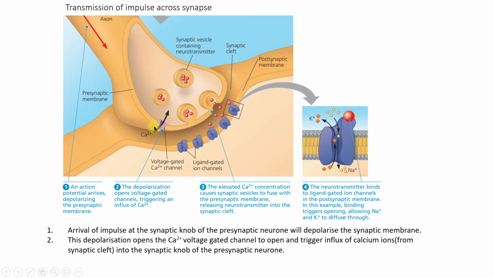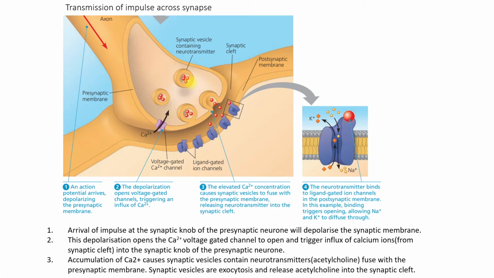Next, the depolarization of this presynaptic membrane will open, or activate, the calcium ion voltage-gated channel, and this will trigger the influx of calcium ions from the synaptic cleft into the synaptic knob of the presynaptic neuron.